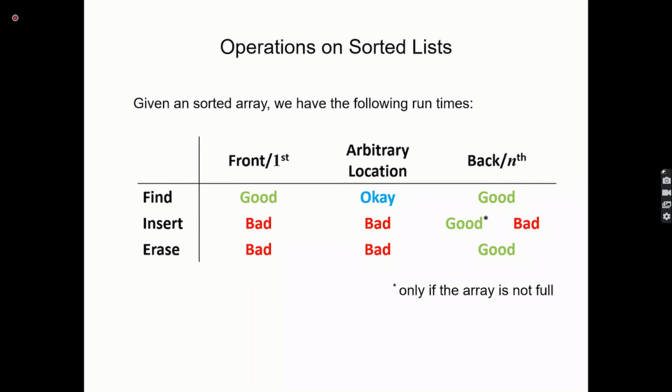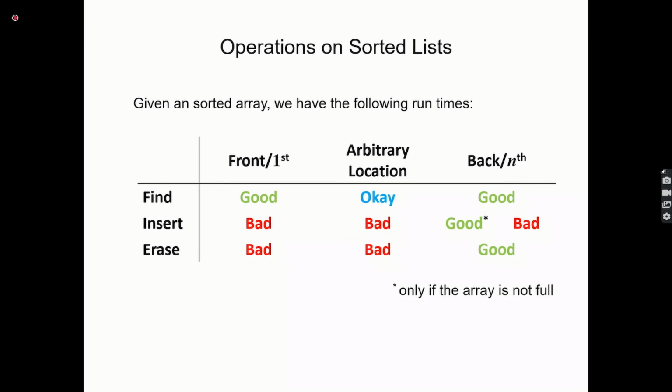Fine. If it is a sorted list and I want to search for the element at the first position, that's good, because it will take order of one time only. Or maybe the list has an index, right? Over the index you will get the value.